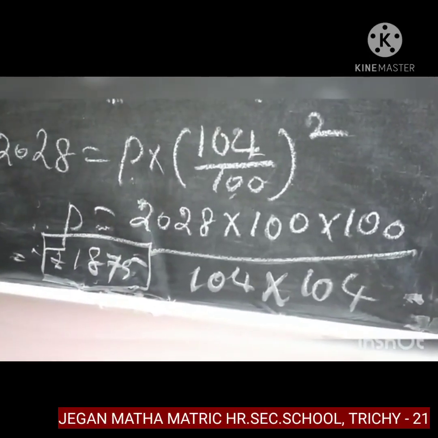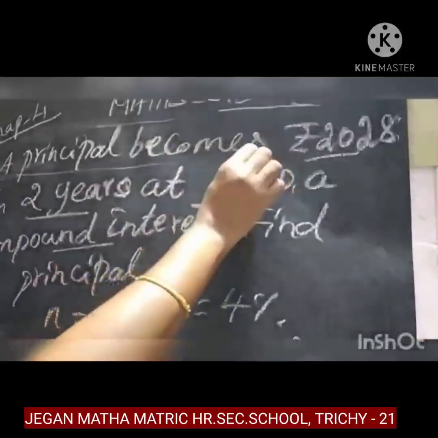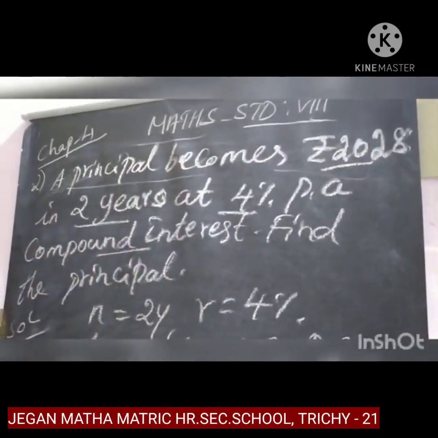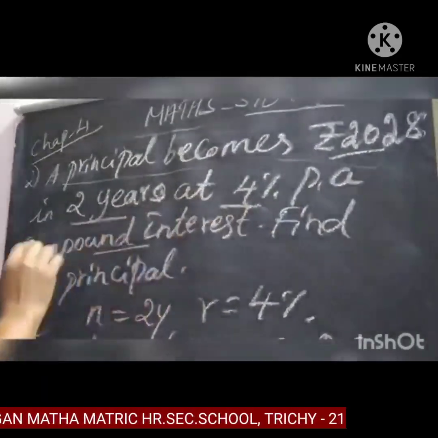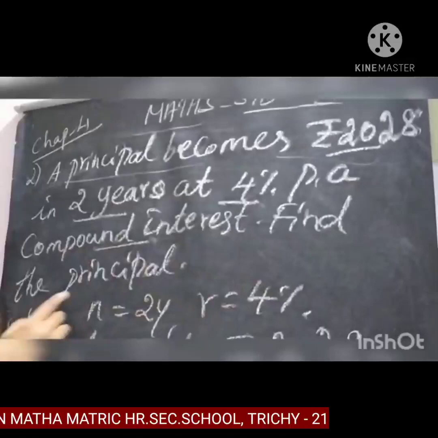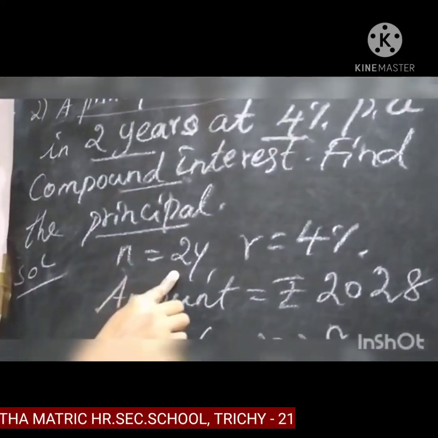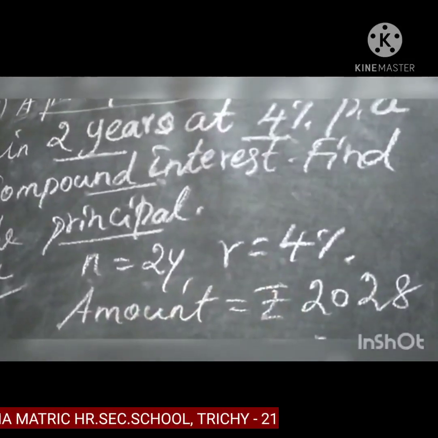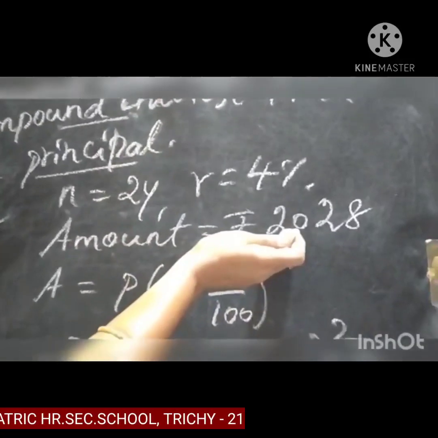Okay, so what is given, again I am telling, the principal becomes, that is the amount, you can consider as the amount rupees 2028. Then in 2 years at 4% per annum compound interest, you have to find the principal. So first you write n equal to 2 years, R equal to 4%. The amount is rupees 2028.